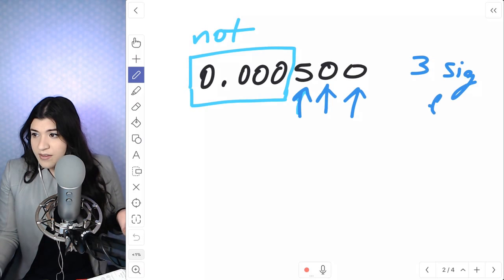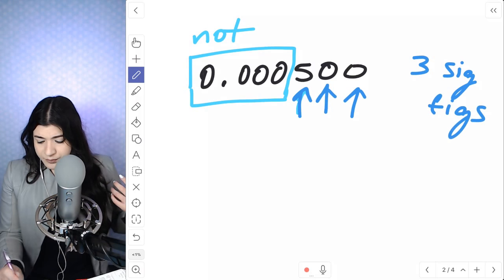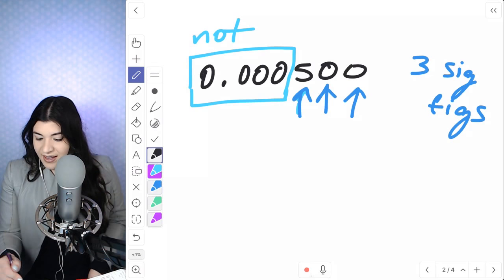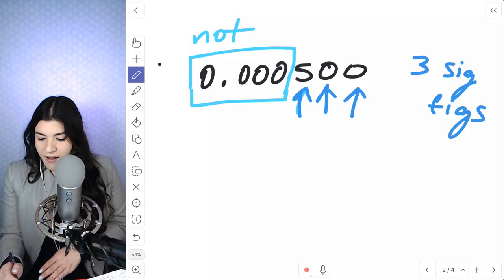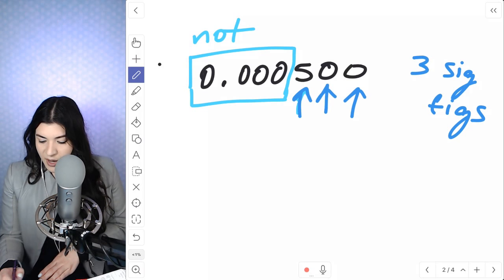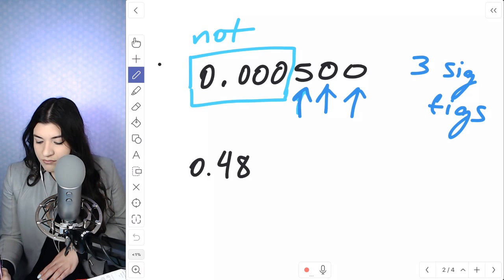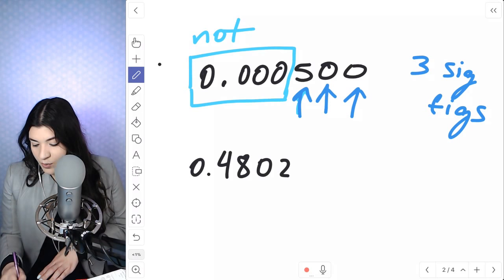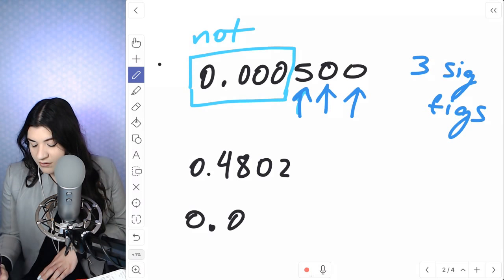And then I'll keep doing a couple more. So let's say we were to have, I'm going to kind of mix them up, 0.4802 or 0.008, I'm going to say 10, sure.